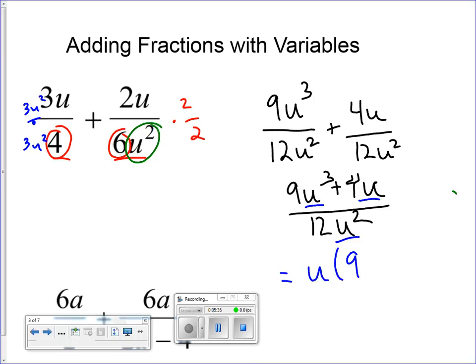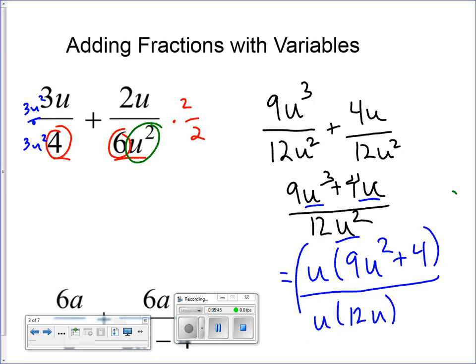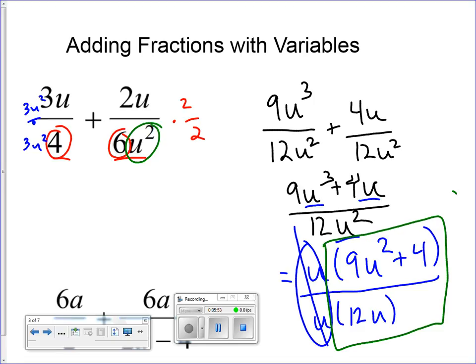In the numerator, that leaves behind 9u squared plus 4, because factoring is like dividing. In the denominator, it leaves behind 12u. And right here, u divided by u is equal to 1. So our final, most simplified answer is 9u squared plus 4 all over 12u.